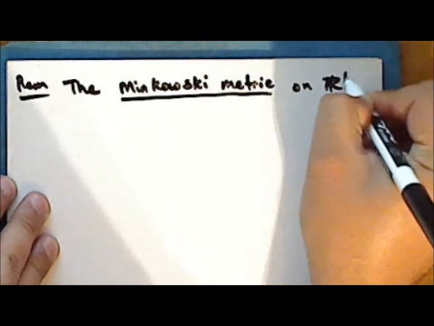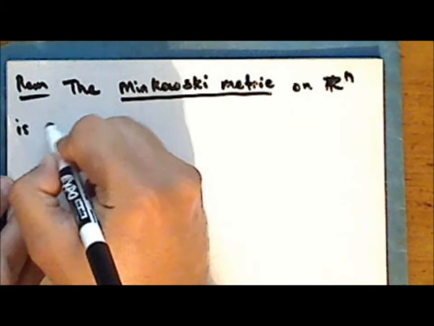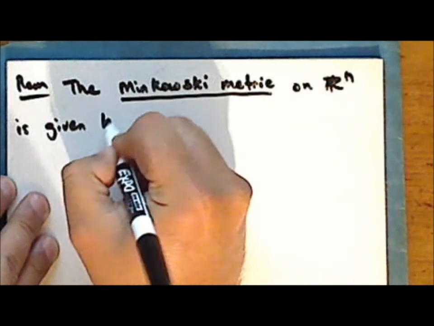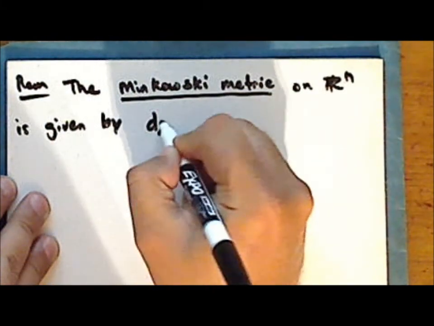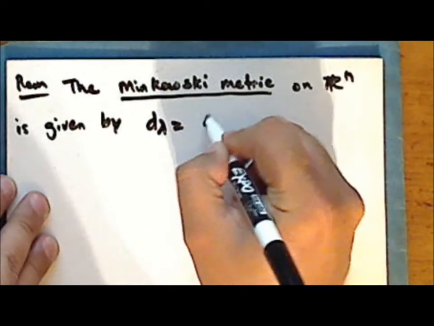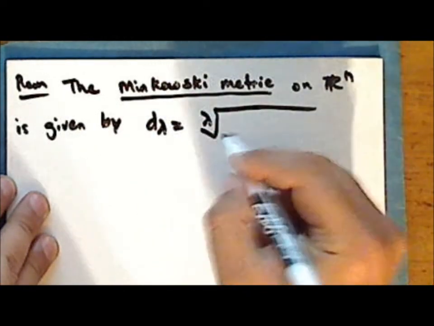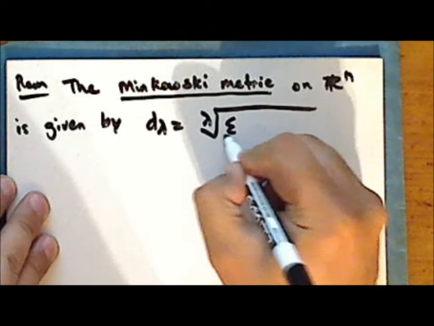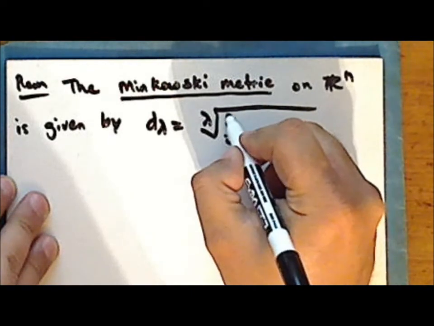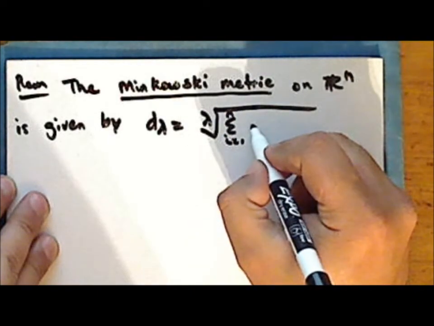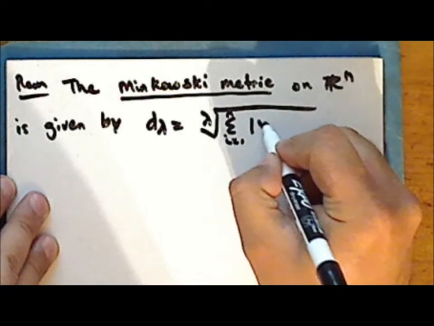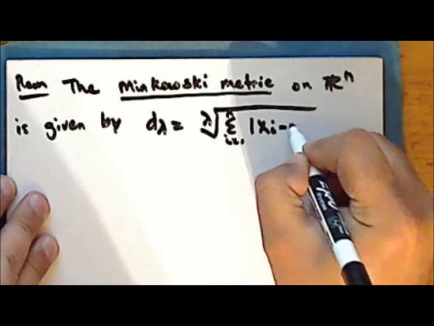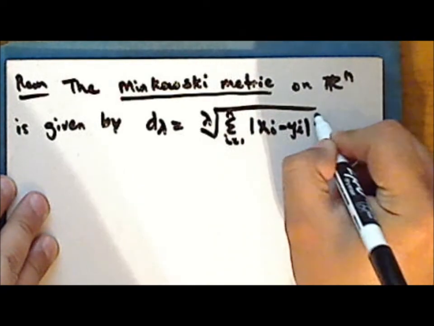It is given by d sub lambda is the lambda-th root of the sum from i equals 1 to n of the absolute value of the differences of the components to the power of lambda.